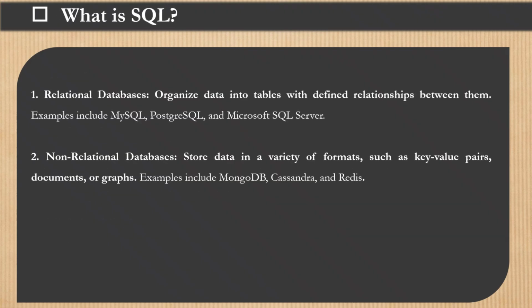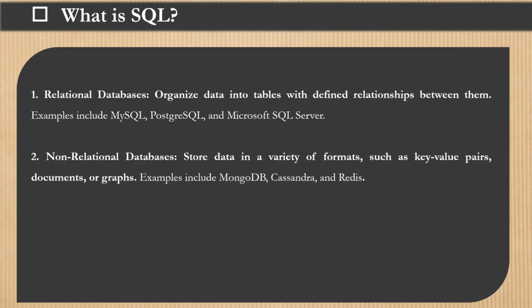Okay, let me explain what relational database management system is. Relational databases are the ones that organize data into tables and define relationships within them, which includes MySQL. We'll be using MySQL for this class. PostgreSQL, Microsoft SQL Server. So all these are the softwares that you can use in relational database.